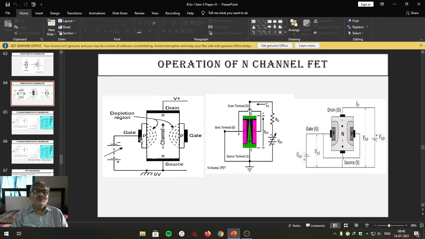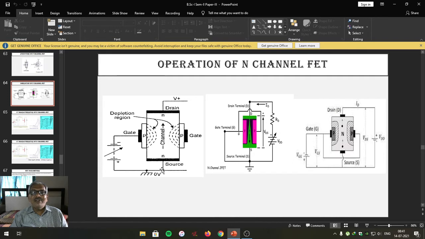To reverse bias the gate to source terminal, we have to connect an external battery, represented in this figure and most probably named VGG. It is connected in such a way that the negative terminal of the battery is connected to the gate, whereas the positive terminal is connected to the source.